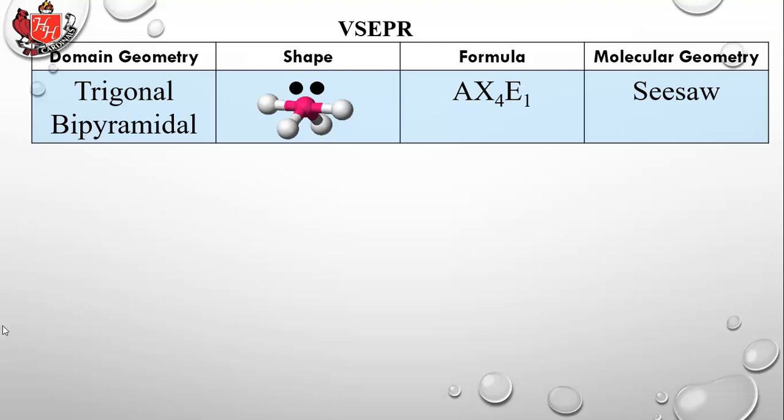And they pulled away one of the equatorial. So now you have 2 of the equatorial, the ones down on the bottom, and the one that was pulled away is the lone pair on the top. And then the 2 axial are on the right and the left. This kind of looks like a teeter-totter, or what some people would call a seesaw, what little children go up and down on. So they call this the seesaw structure.